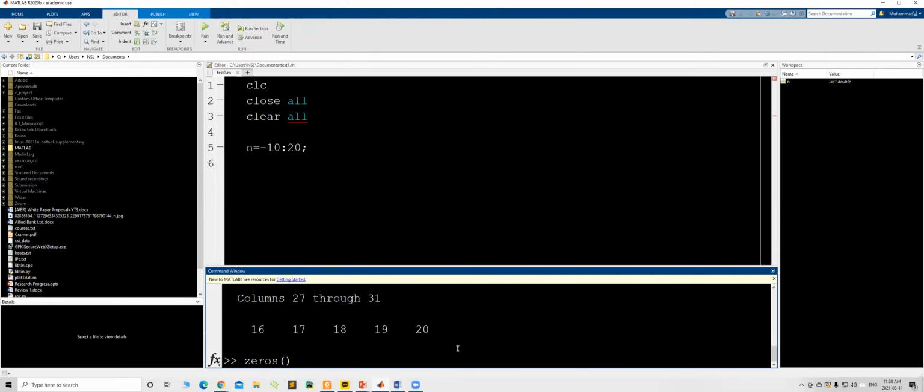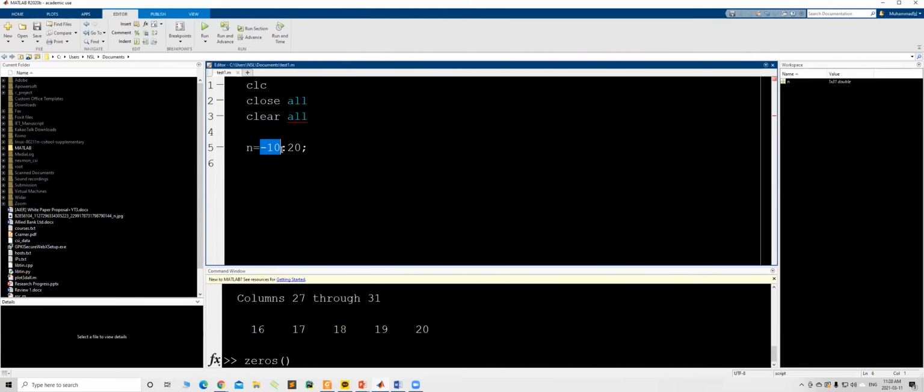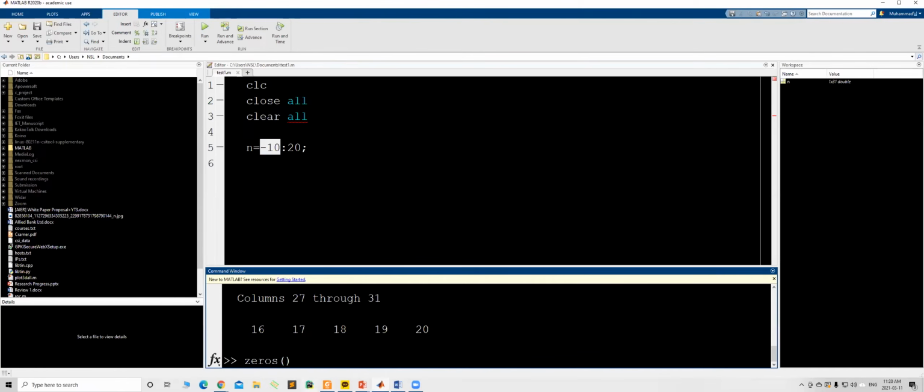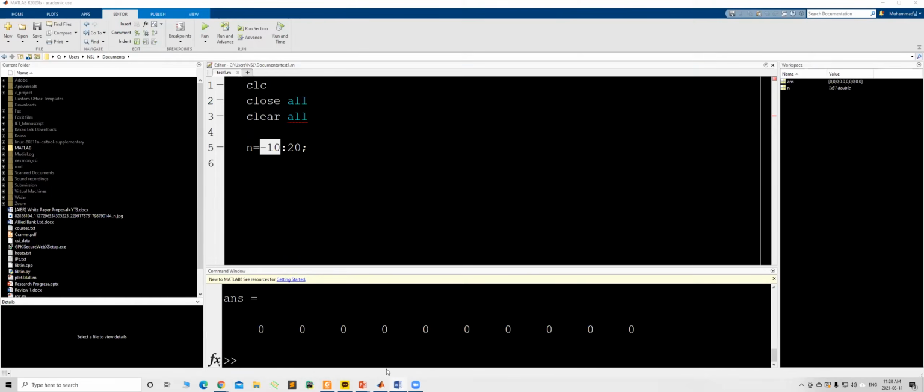How many zeros do you need? Since the signal is starting from -10, you need at least 10 zeros. So I will write zeros of 1 comma 10, and it will give 10 zeros: 1, 2, 3, 4, 5, 6, 7, 8, 9, 10. And then I will simply write 1.